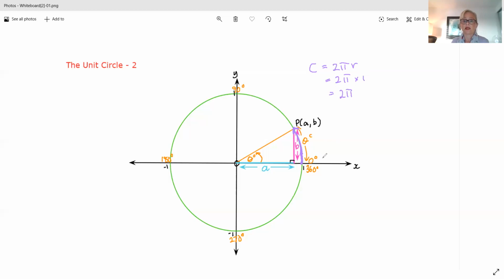So at the very beginning, where there's 0 degrees, it's also 0 radians. And all the way around the outside of the circle is 2 pi. Now, often you drop using the little c because it's obvious if you write 2 pi that you mean radians. All right. So just going through that again, it's a circle with radius 1.